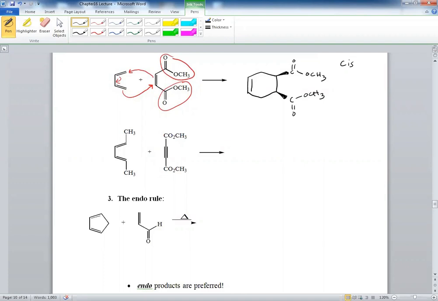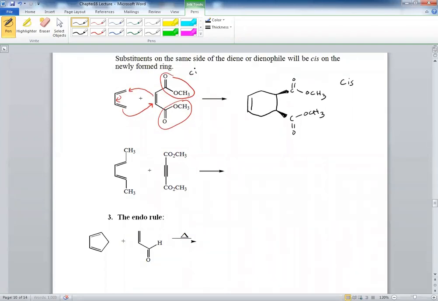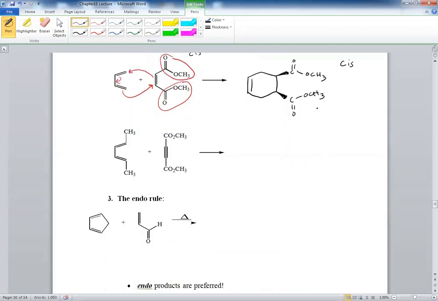And the reason why is because there's an H. So they are on the same side. I think you can see that this is cis to begin with. Same thing here. These two groups right here are on the same side, or you can say they're outside.